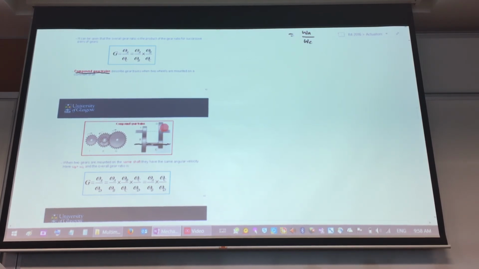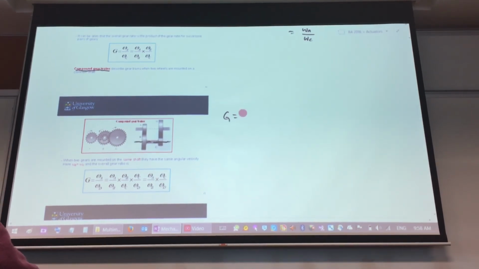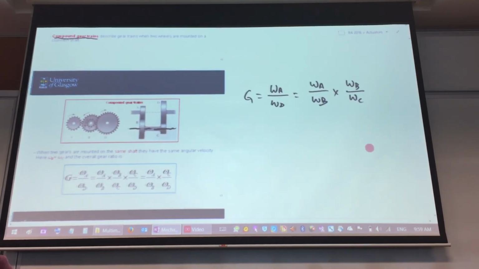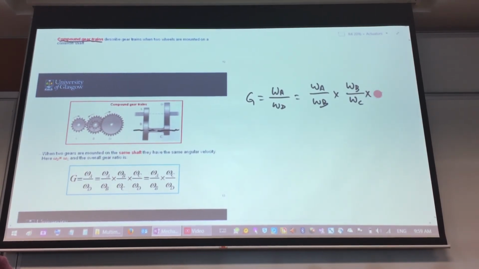So we can establish the gear ratio G that's equal to omega A over omega D, between A and D, multiplied by omega D over omega C. So there's somewhat like a gear ratio between this omega D and omega C. The C is the one that's smaller over there. And multiplied by between C and D.